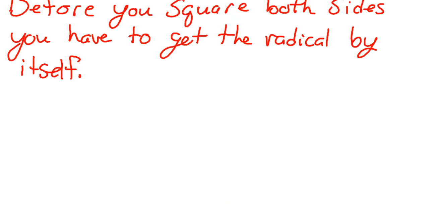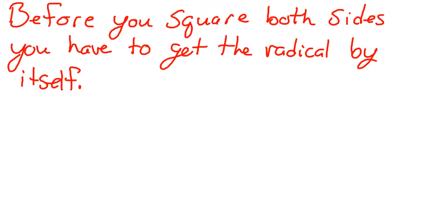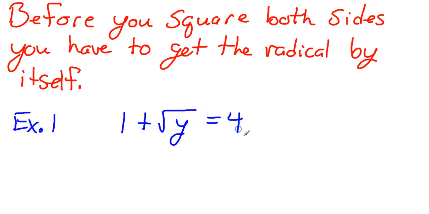Okay, so let's give you some examples where you actually have to work these out just a little bit. Let's say you have 1 plus the square root of y is equal to 4. This is really the only one rule you have to worry about here.